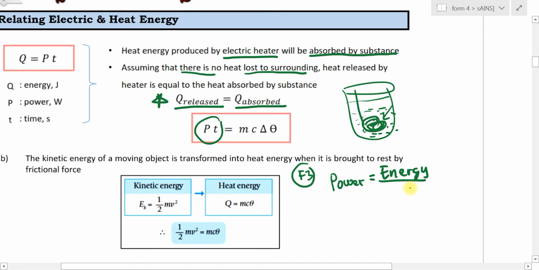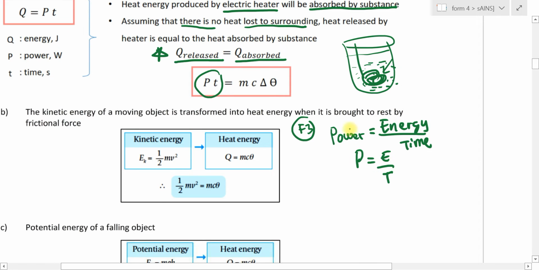Correct? Yes. We would have learned this. Power is energy over time. Okay, now make energy the subject. If you make energy the subject, it's PT. PT. Because it is heat energy, kita ganti dengan Q. Oh. You understand now? That's how the PT came from.